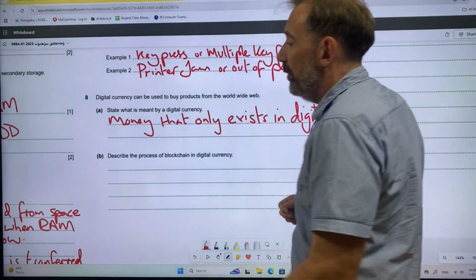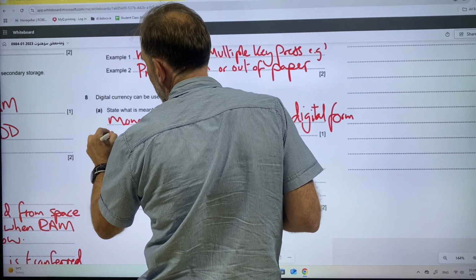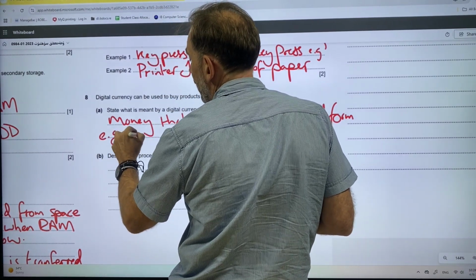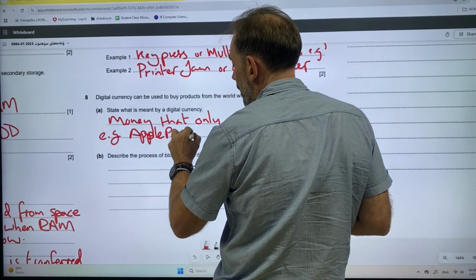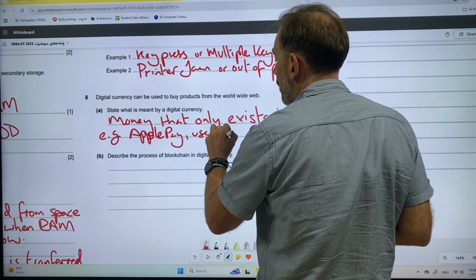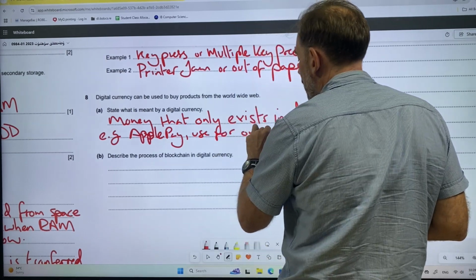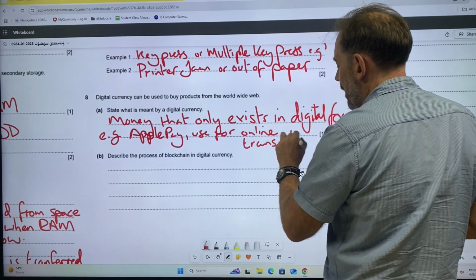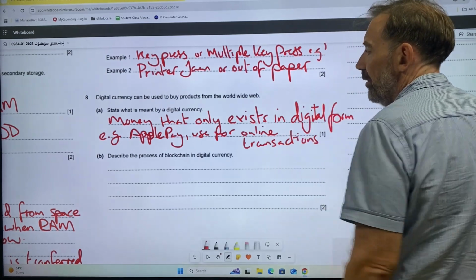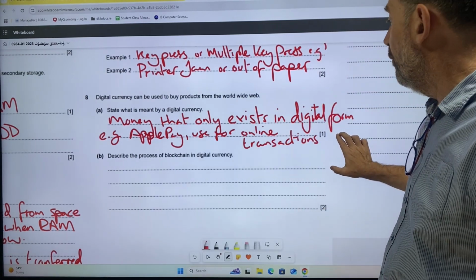Used, e.g. Apple Pay, used for online transactions. Okay, it's only worth 1 mark.